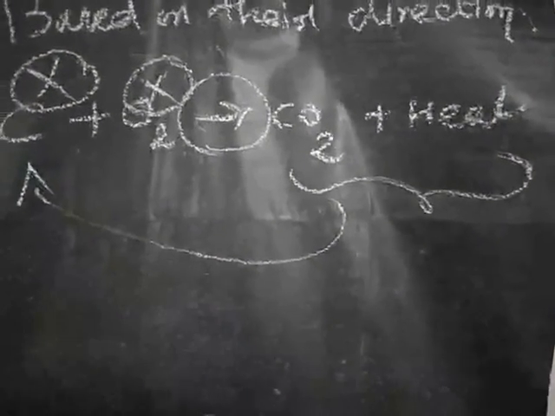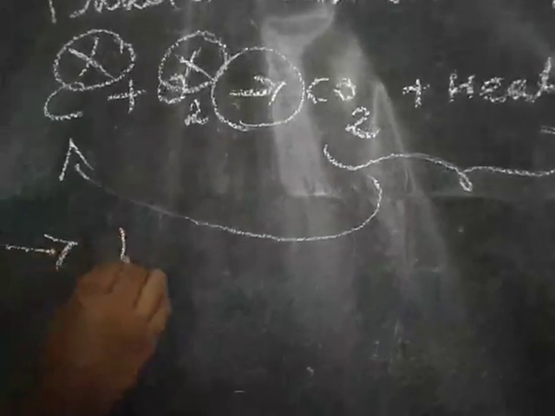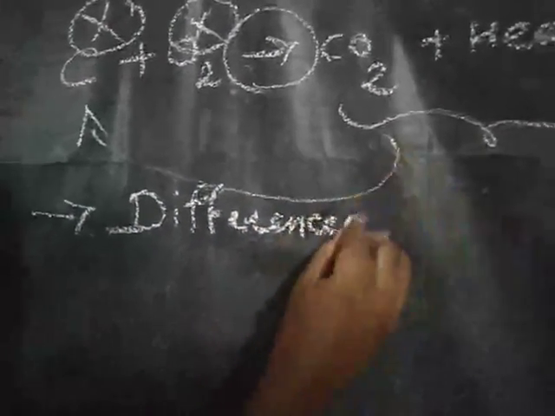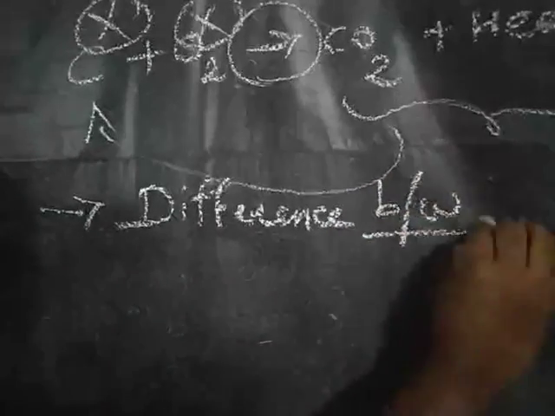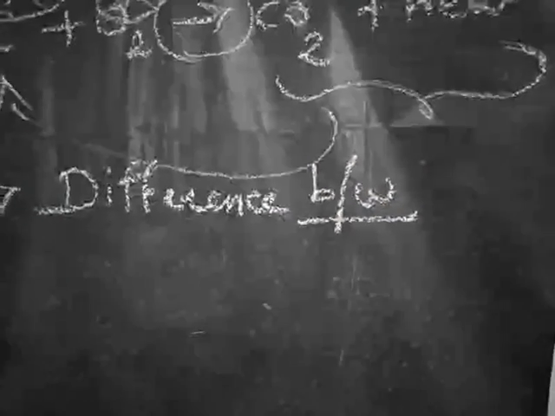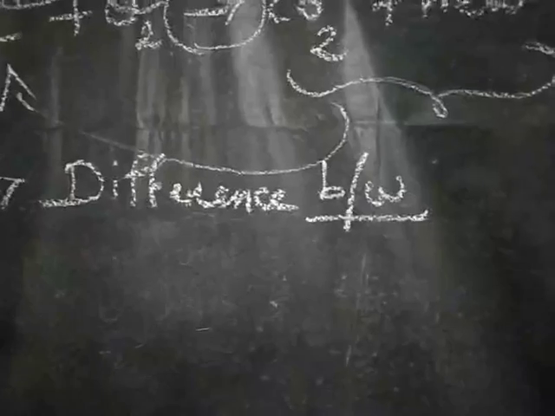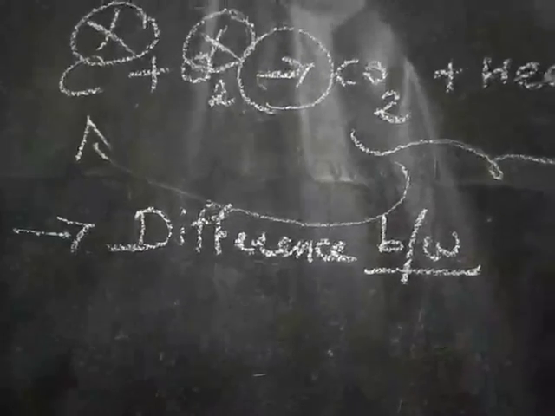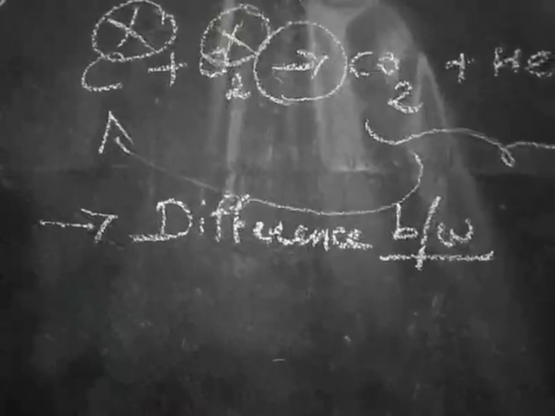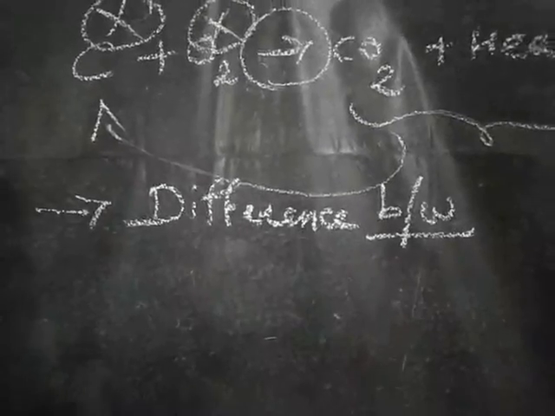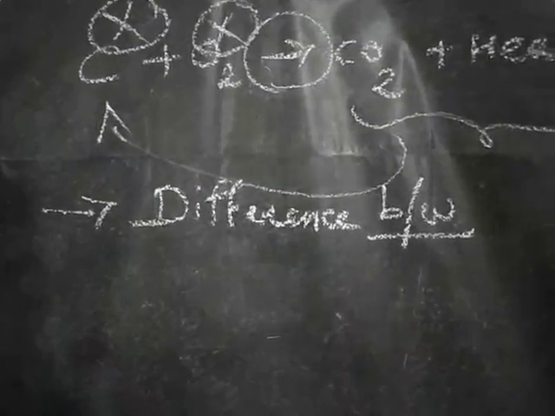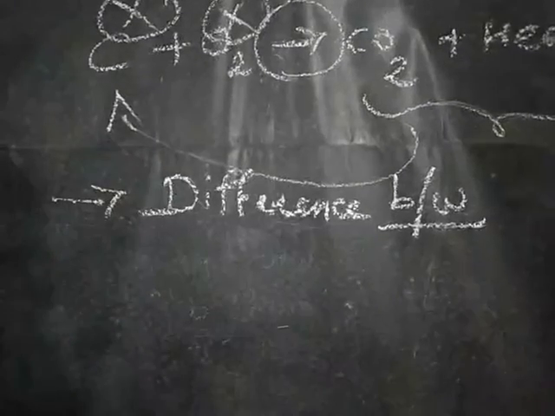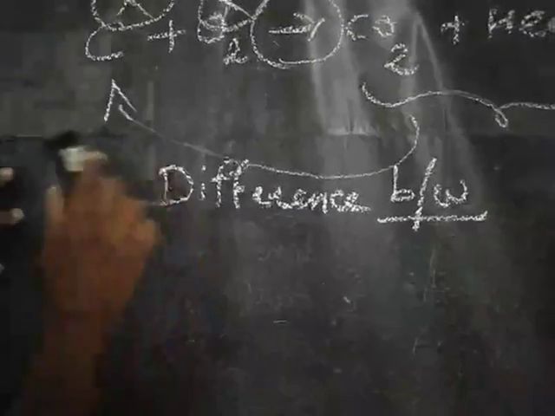But last, what is the difference between reversible and irreversible reactions? First point: a reversible reaction can be reversed under suitable conditions. An irreversible reaction cannot be reversed. We will make it in a tabular column format.